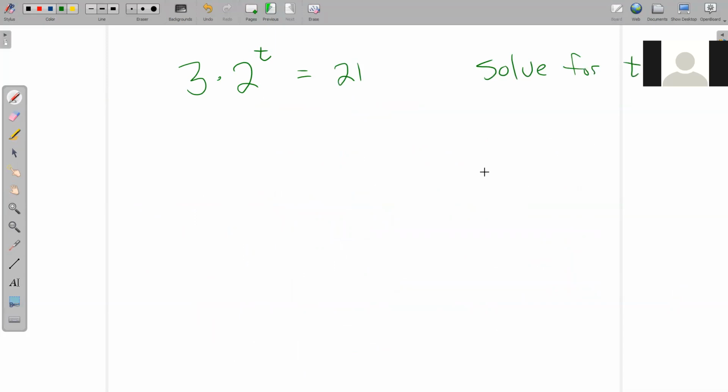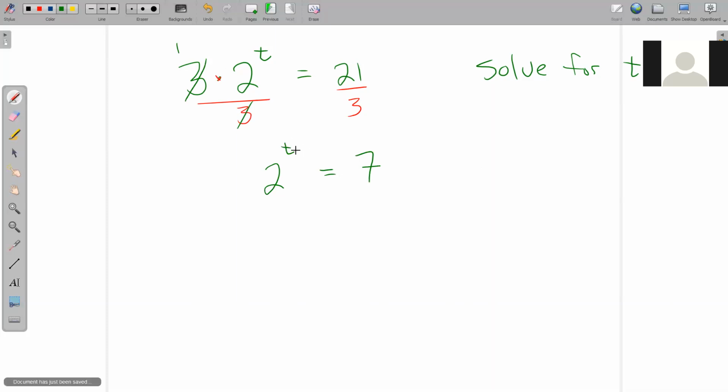Well, when we solve equations, we get rid of things like multiplication by dividing. So the first thing I would do here is get rid of that multiplication by dividing by 3. Fortunately, 21 divided by 3 is nice. That's just 7. On the other side, 3 divided by 3 is 1. 1 times 2 to the t is just 2 to the t. So now I have the base to the power equals 7.